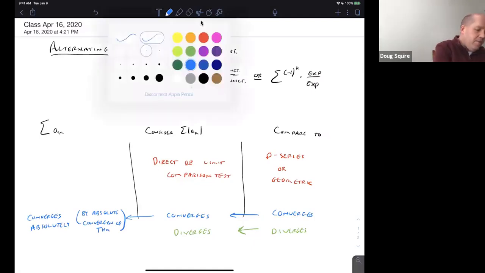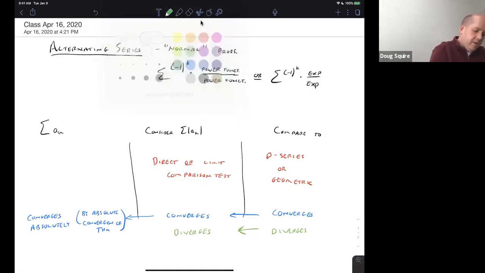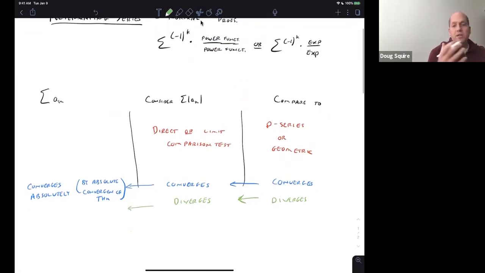If the middle one diverges, then the one on the left is going to converge unless the limit of the sequence is not zero.